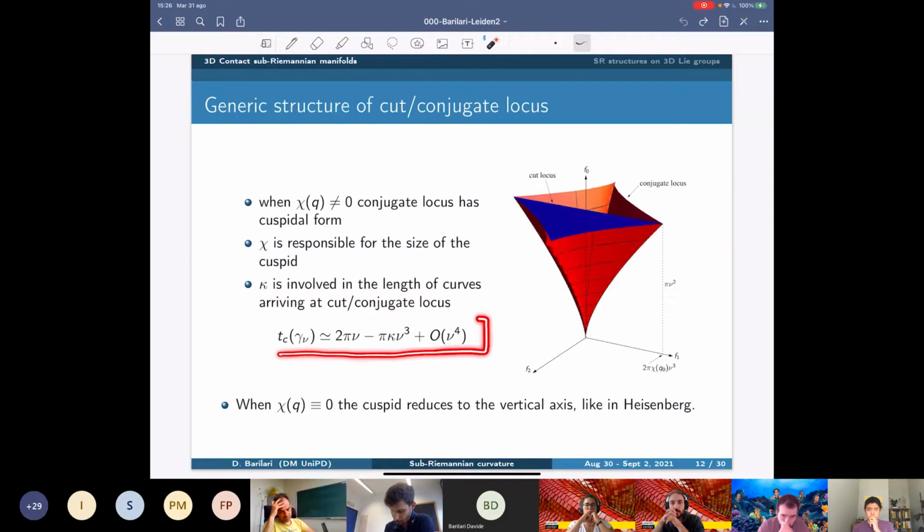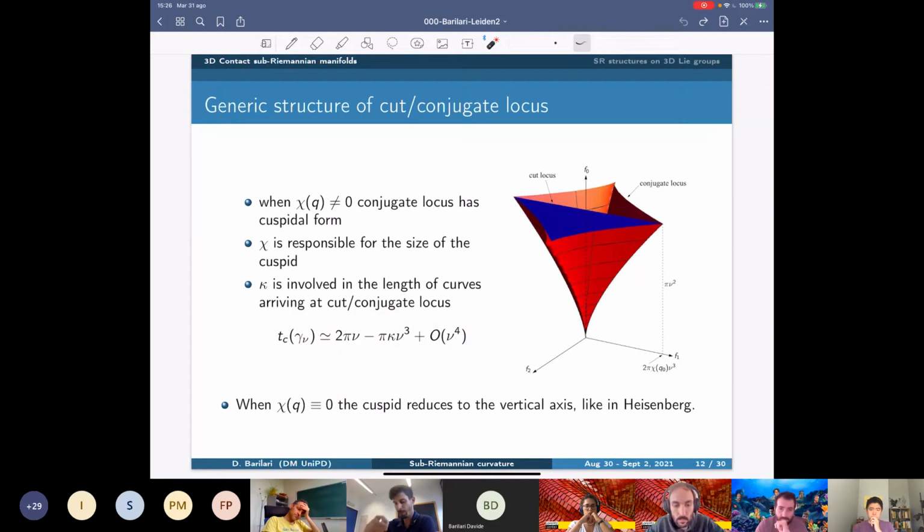And we have this formula here, and for those that know by heart formulas in the Heisenberg group, this first term here is exactly the quantity you have in the Heisenberg group. So here nu is what I called yesterday p_z, the vertical part of the covector.